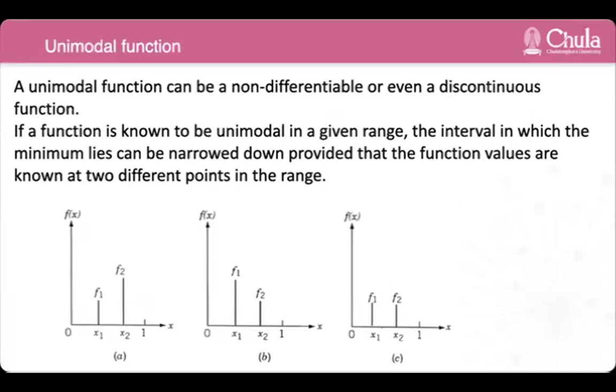And in figure B, we can be sure that our local optimum cannot lie in the region from 0 to x1, so we can eliminate this part on the leftmost. And for figure C, we can eliminate two areas: from 0 to x1 and from x2 to 1.